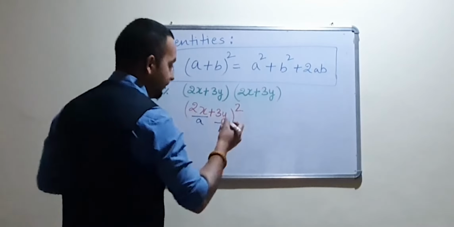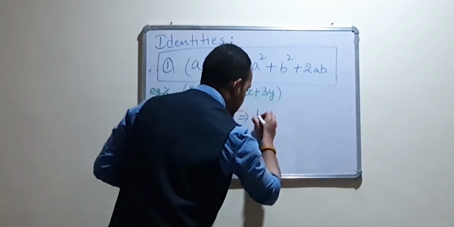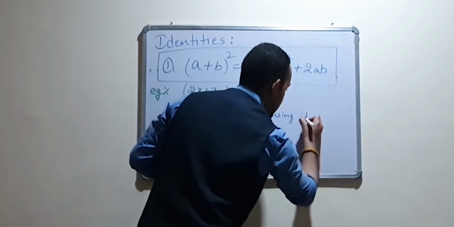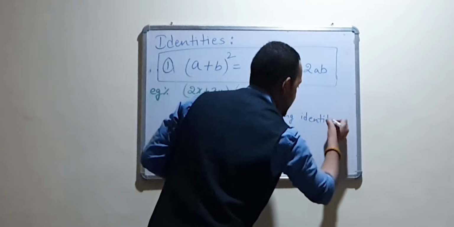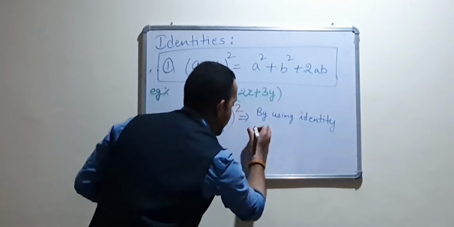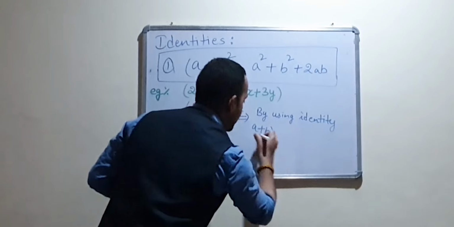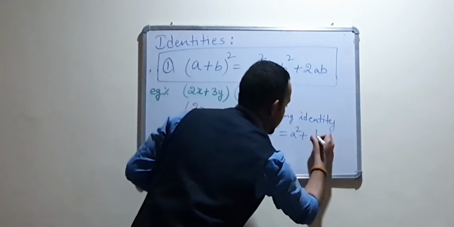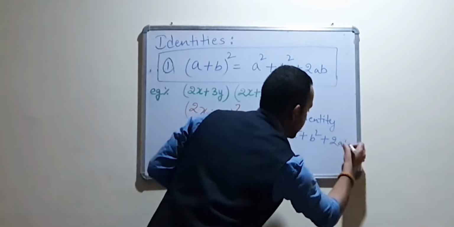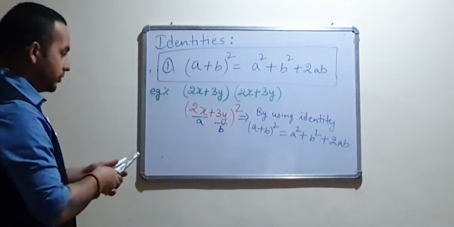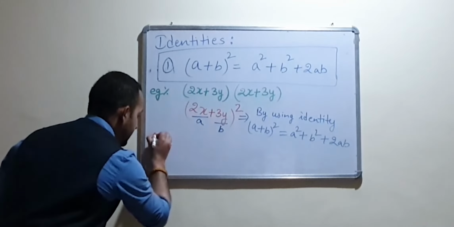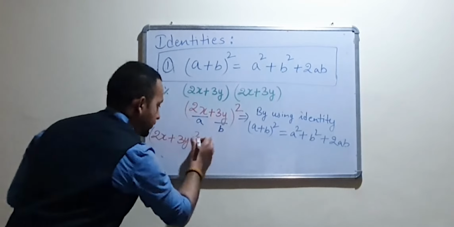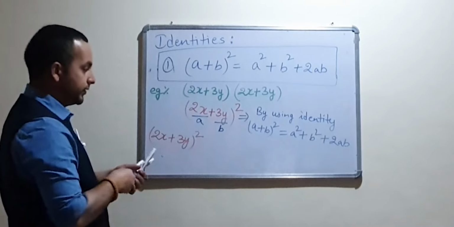So what we will say here, by using identity a plus b whole square, that is a square plus b square plus 2ab. So now we are going to solve this. So 2x plus 3y square, we are using this identity.